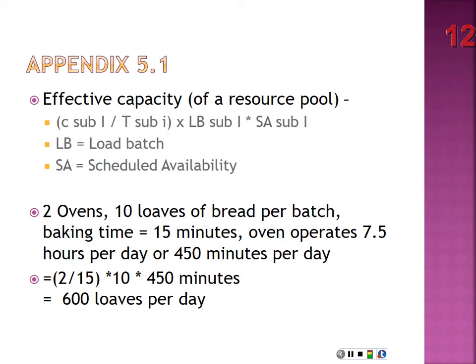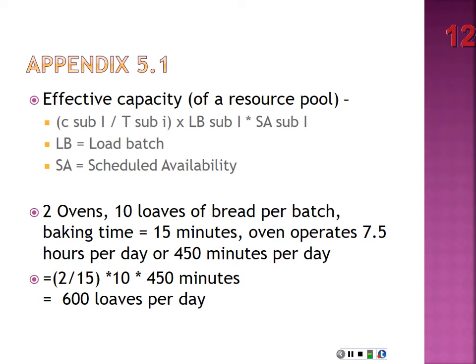So in our example, we're going to consider a resource pool containing 2 ovens, each of which bakes 10 loaves of bread simultaneously. So that's the load batch. That's how many it does at once. The baking time, the unit load, is 15 minutes. Finally, assume that the oven is scheduled for operation 7.5 hours, or 450 minutes, per day.